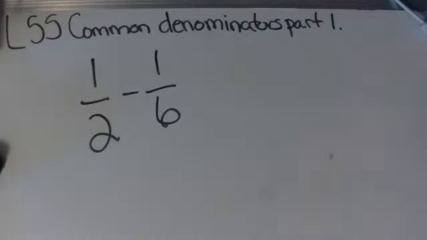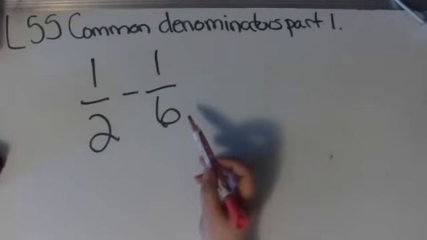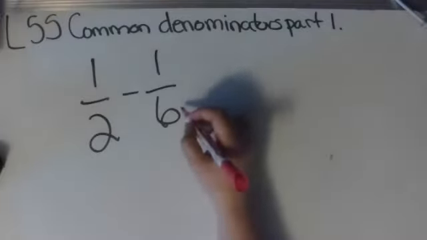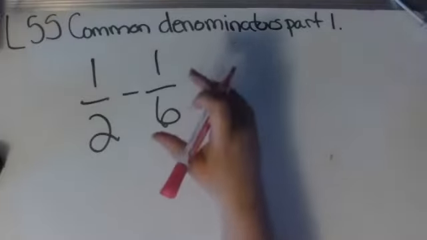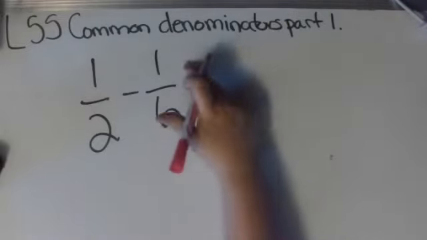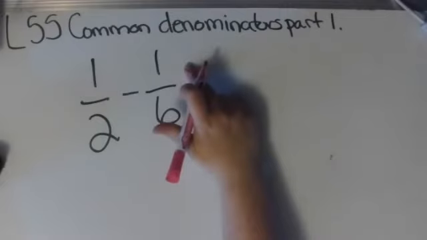I can either take the 6 and divide it down, or I can take the 2 and times it up. The problem with taking the 6 and dividing it down, because some of you are saying, hey, if you divide 6 by 2 or by 3, you get 2. That is true. But remember, whatever I do to the bottom, I have to do to the top. I cannot divide this by 3 because I cannot divide 1 by 3.